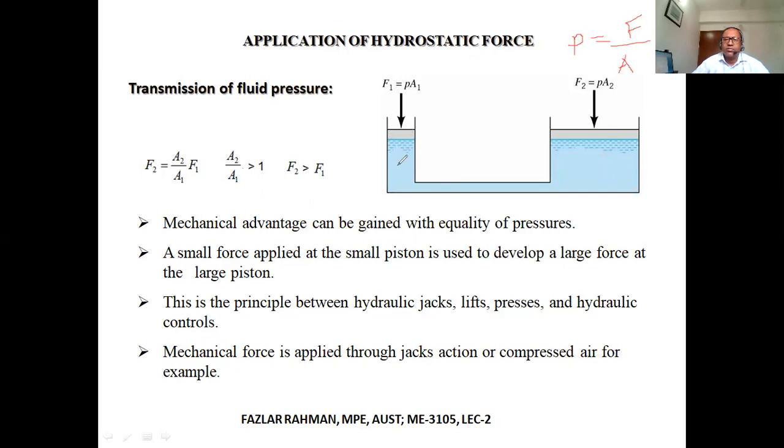And that pressure will be transmitted through right over here. And what will happen? If you try to push it down on the left side, what will happen on the right side? The fluid will try to move upward, right? But you don't want to move the fluid upward. So if you try to keep it at the same level, you need to add some weight over here on the piston. If you add some weight, that means you need to apply some force. So right over here, we can say P equal to F1 by A1.